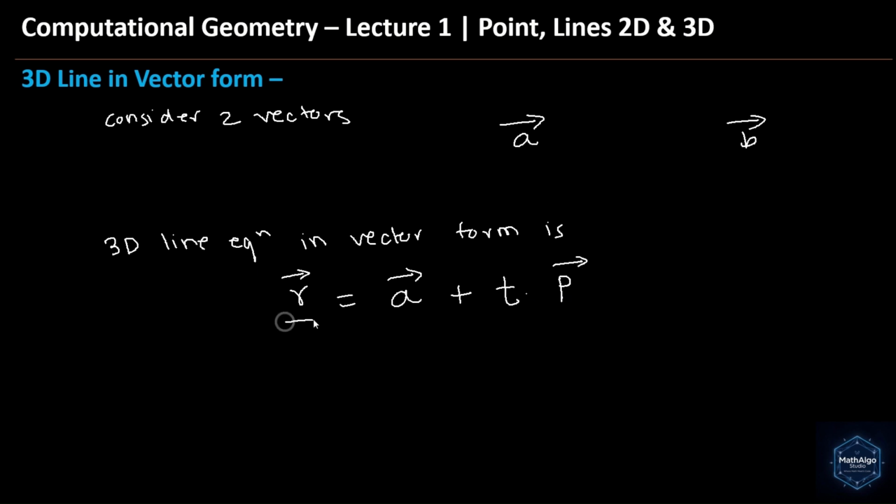Here, R is the 3D position vector of any variable point lying on the straight line. T is the parameter whose value is used to locate any point on the line uniquely. P is the vector parallel to the straight line, obtained by subtracting the corresponding position vectors of the two given point vectors.